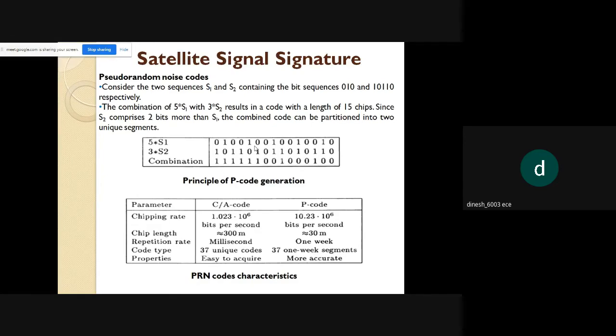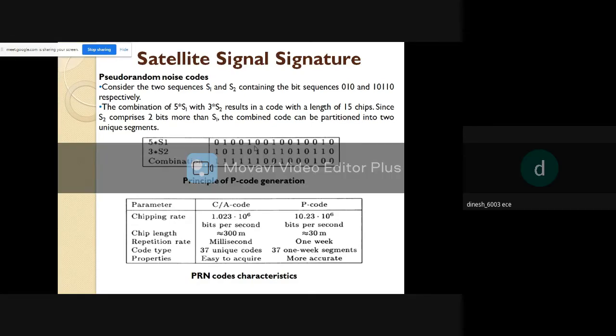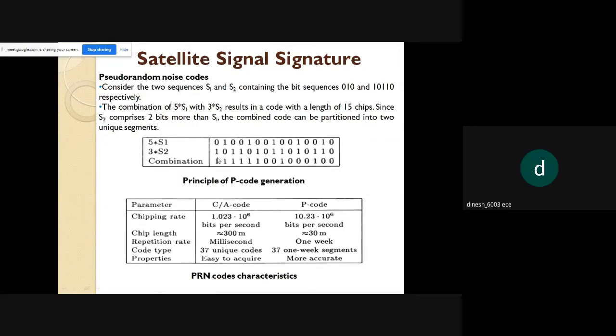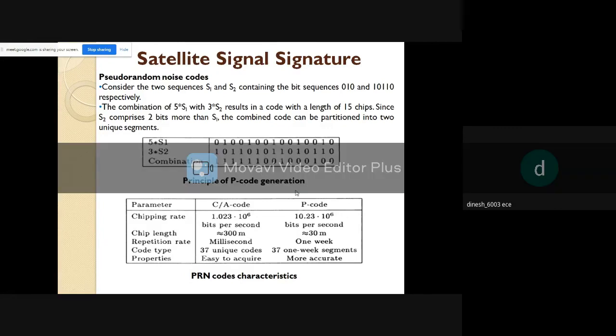If only one of the inputs is high in an XOR gate, we get output 1. By doing the XOR operation on each bit, we get the P code. This is how to generate precision codes from two sequences.